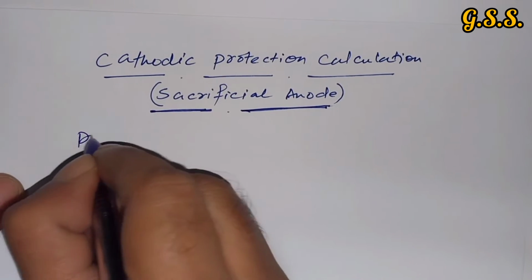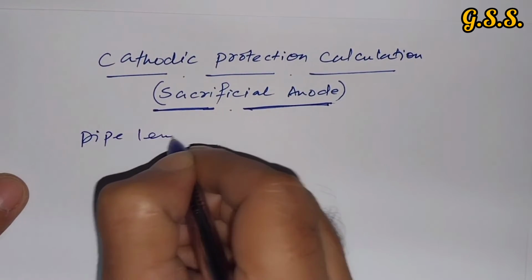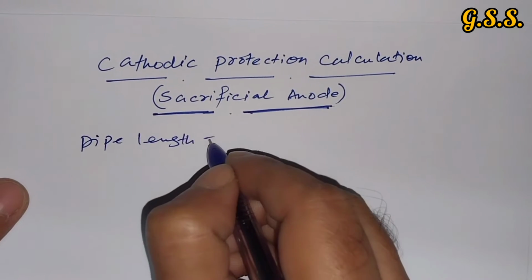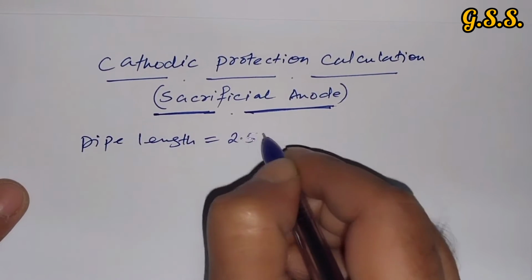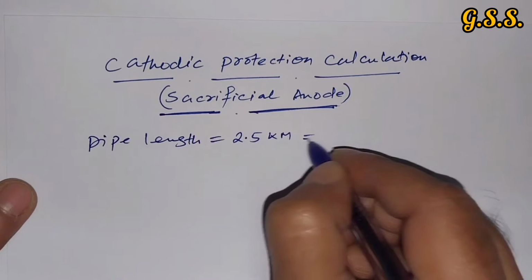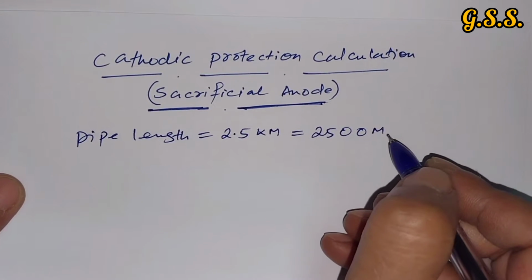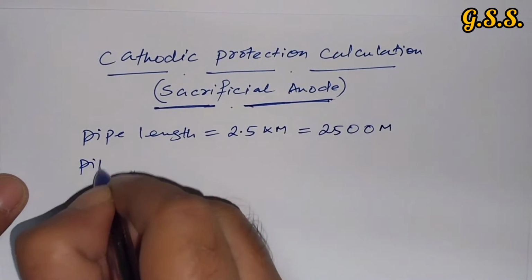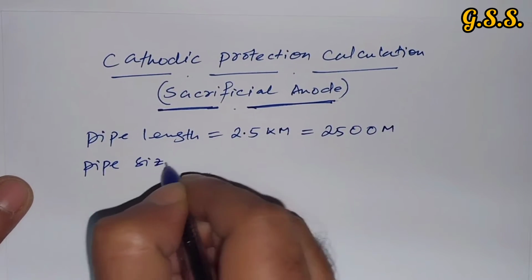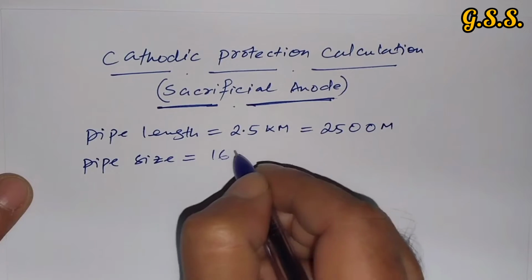So, pipe length equals 2.5 kilometer equals 2500 meter. Pipe size equals 16-inch.